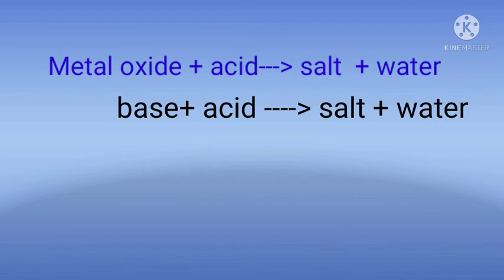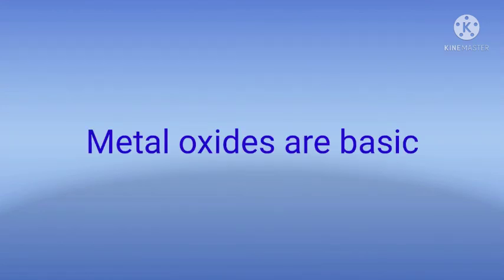This is just like the reaction between a base and an acid. From these two equations, can you tell what the nature of metal oxide is? Metal oxide, when reacting with acid, gives salt and water, just like a base reacting with an acid. So we can tell that metal oxides are basic in nature.